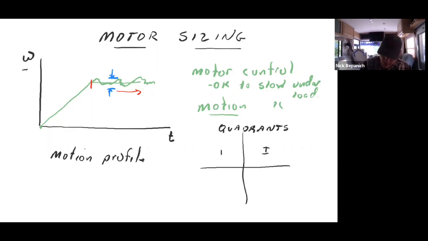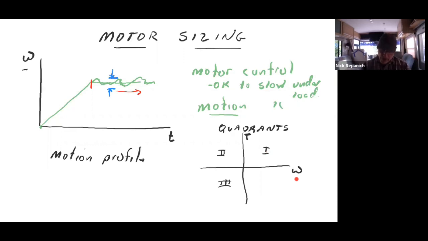Quadrant 1, 2, 3, and by the way, there's not a standard for how these are named or numbered, but in general, you have torque on this axis and speed on that axis. So for instance, in this part of the motion profile, when we're accelerating, that would be quadrant 1, because you would have positive torque to get it going in a positive direction. Make sense?